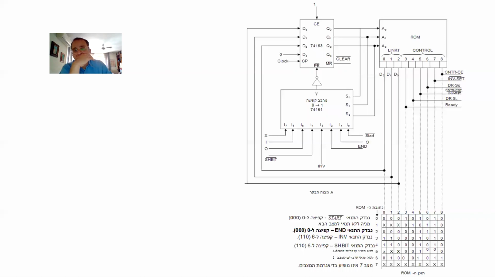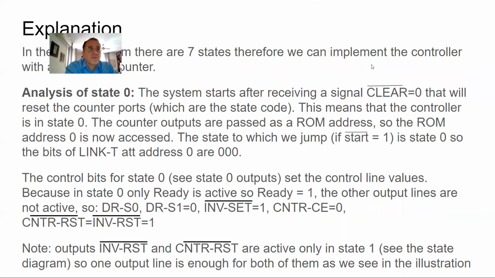But look here, we have start. So what it says is, in state 0, if the start line is activated, then jump to the next state. Let's go to the explanation.